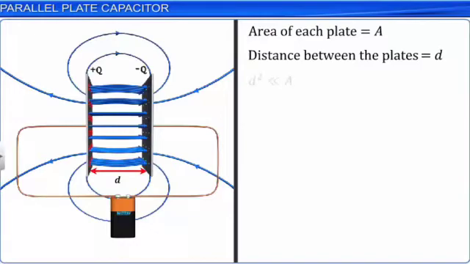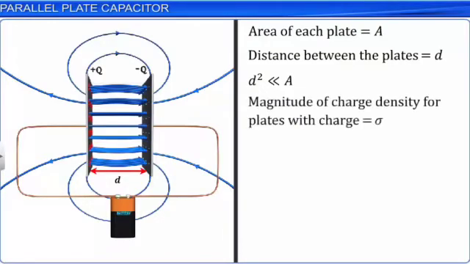But if D squared is very small compared to the area A, the fringing effects can be neglected in the regions which are far off from the edges of the plates. Let the magnitude of the charge density be sigma for the plates with a charge Q on them. Then, sigma is equal to Q by A. Let this be equation 1.